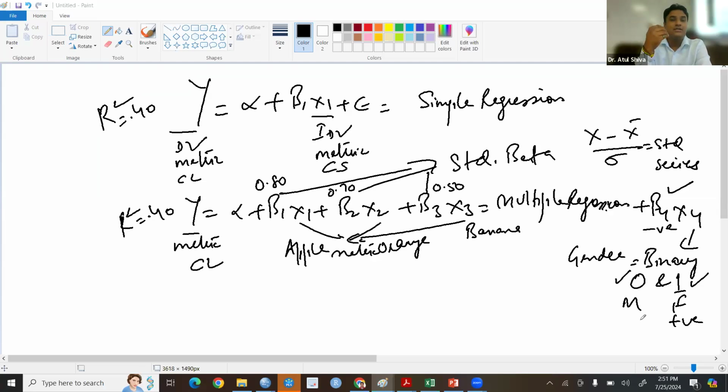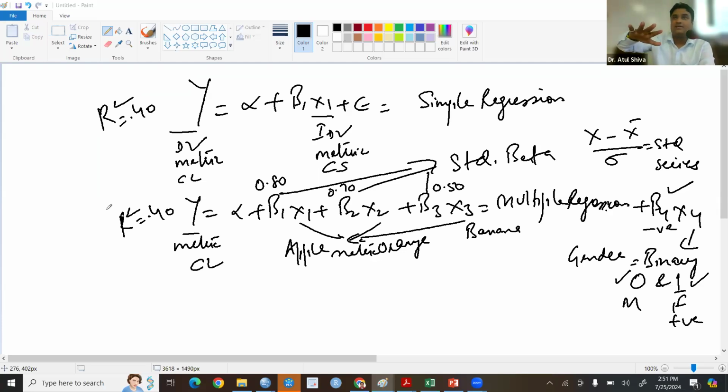I'll take you to multivariate normality in a software. Free software, Web Power software. We will put our data in and check whether multivariate normality is there. So in case of multiple independent variables, this software is Web Power. In this case, we can check whether multivariate normality is there or not.